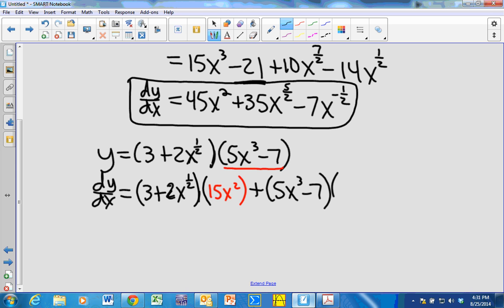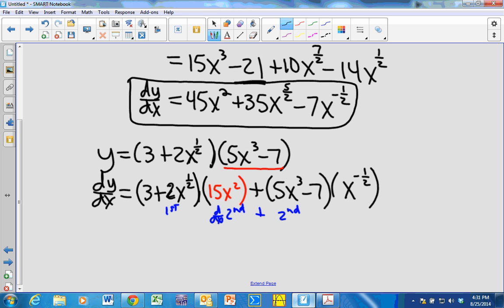So its derivative then, because let me go back over this again. So I have first times the derivative of the second plus the second, and now I'm on times the derivative of the first. Well, the derivative of the first, the derivative of 3 is 0. 2 times a half is 1, and I'll have x to the negative 1/2.